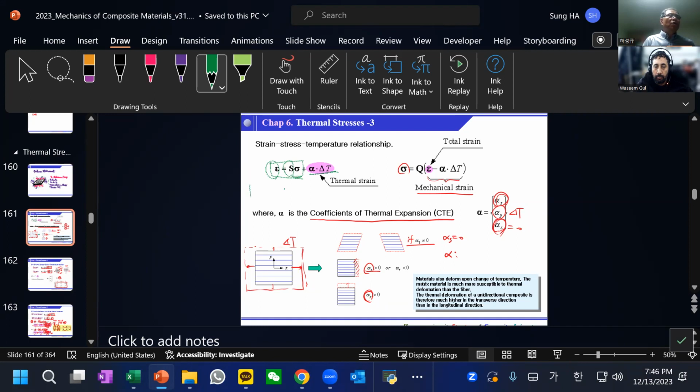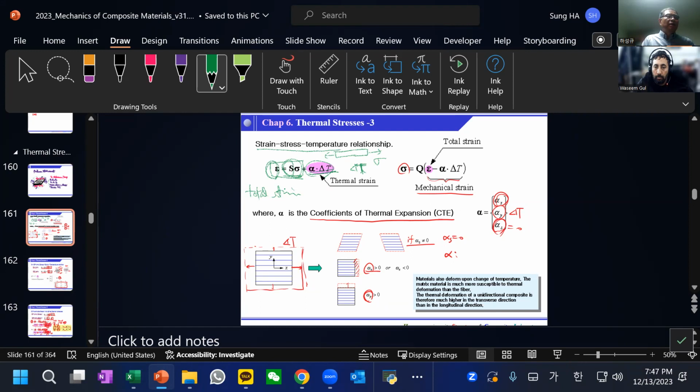So this is again a total strain, the strain due to a stress plus the strain due to a temperature. Simply, let's consider just one simple bar. The strain will be generated due to a stress and also delta T, I mean the temperature. So the total strain will be due to a mechanical stress and then temperature. So this is the stress-strain-temperature relation of each ply. This is the most important, I mean, the starting point in these derivations.